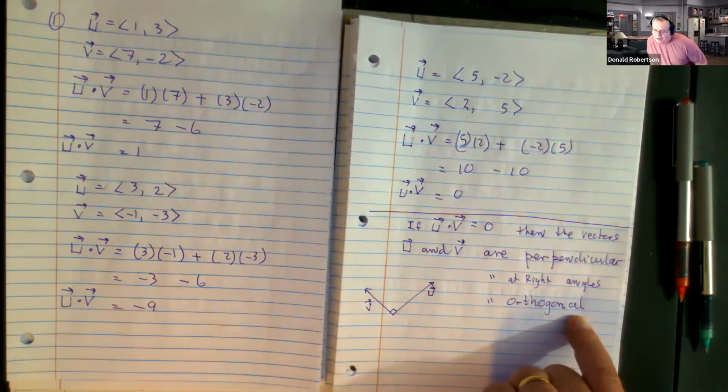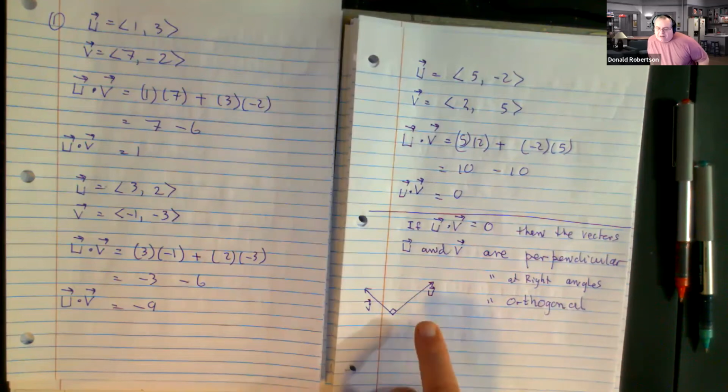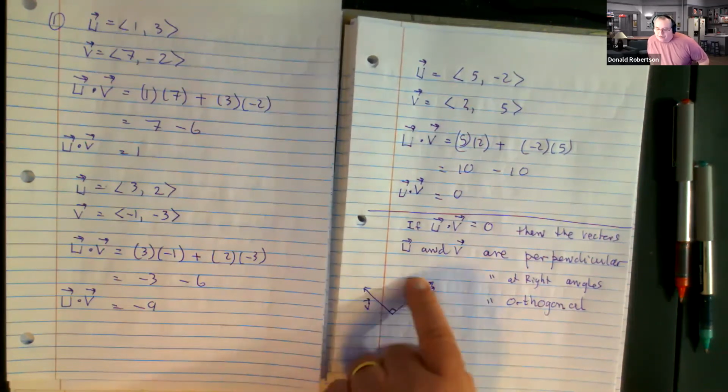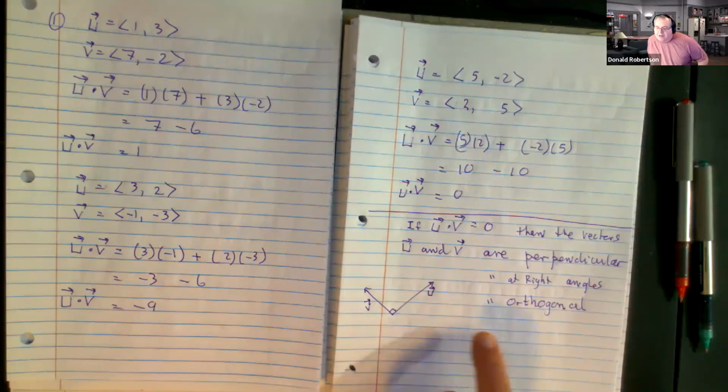And the reason why we like the word orthogonal is not because it helps much in a 2D situation, where it means exactly the same. But if you do vectors in 3 or 4 or more dimensions, you can't really talk about things being right angled or perpendicular because those concepts don't make sense in 4 dimensions, whereas orthogonal does.